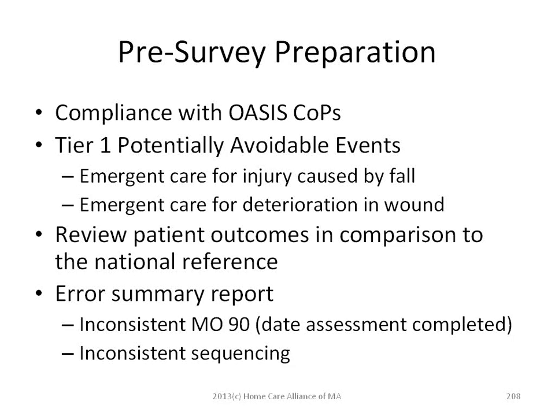So if your agency has numbers that surpass the state or national reference in this regard, be prepared to have the surveyor ask for specific patient charts, and they will ask about your policies and procedures, for example, related to caring for patients with wounds. They will ask about the qualifications of the staff who are taking care of patients with wounds.